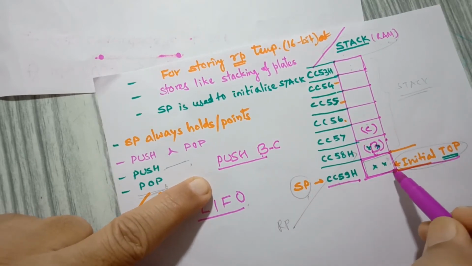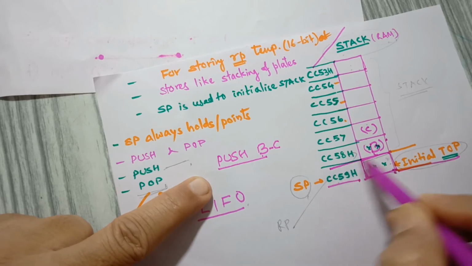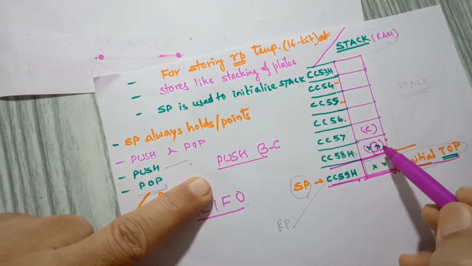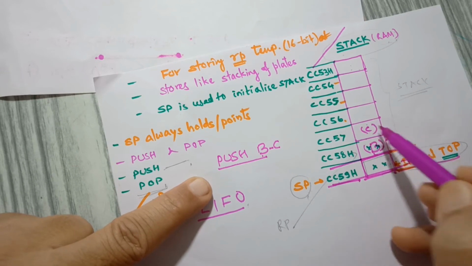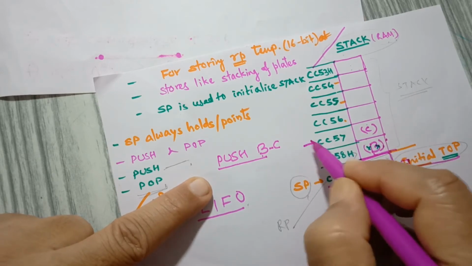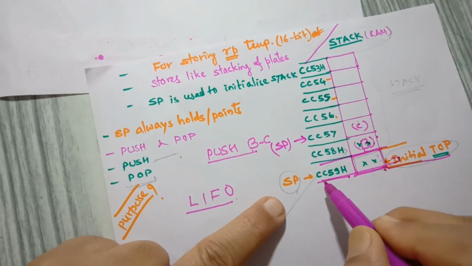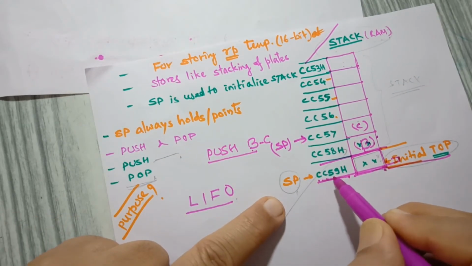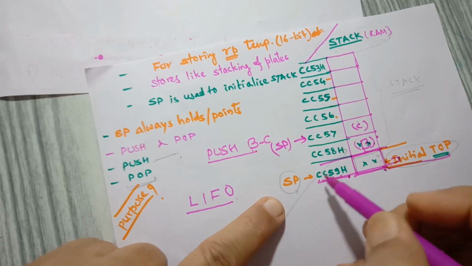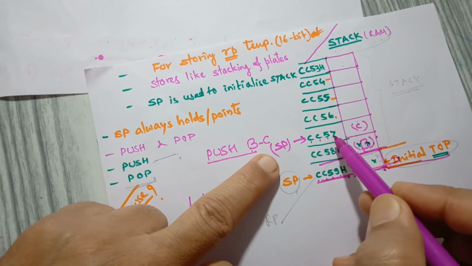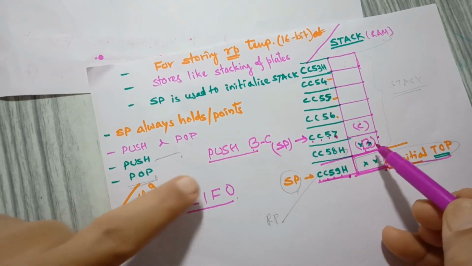And now see that earlier the stack was filled up to this point, परंतु आता त्यामध्ये 2 रजिस्टर ॲड केलेले आहेत, वर टाकले, म्हणून आता टॉप कुठं झाला? हां. So SP, which was pointing to this particular location CC59 hex, now after pushing will point to CC57. That is the pushing operation.